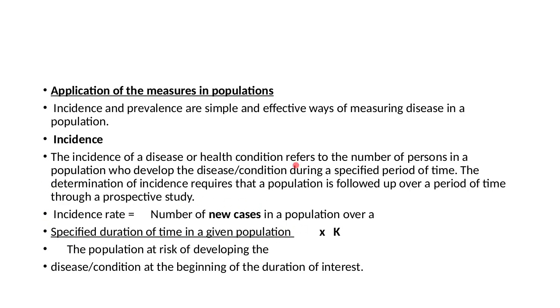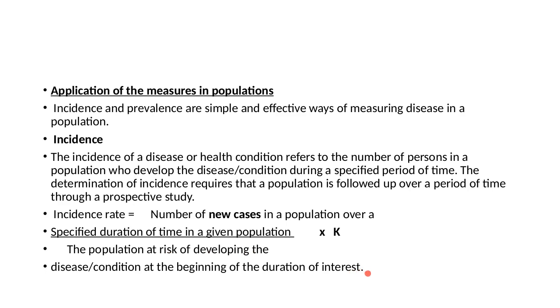or the number of people developing a particular type of disease at a particular time in a given population, divided by the population at risk of developing the disease condition at the beginning of the duration of interest.